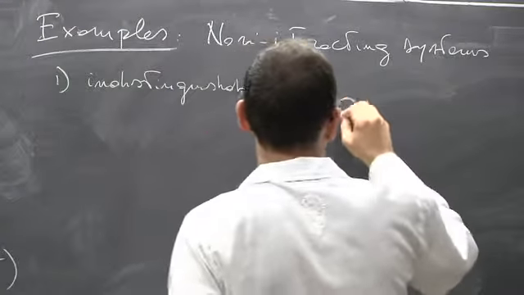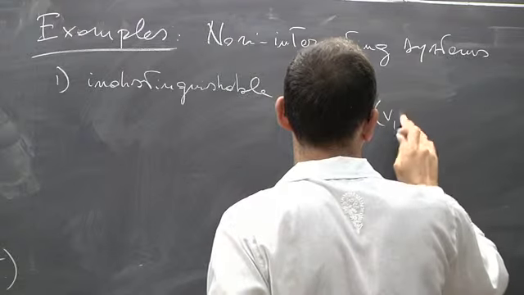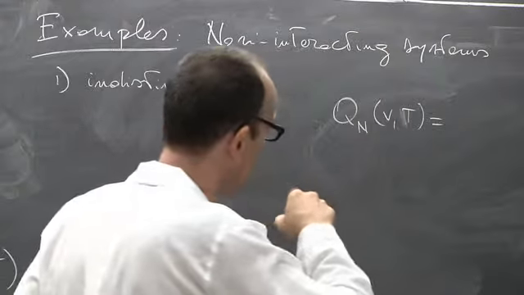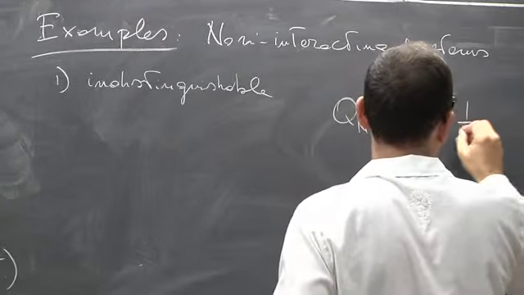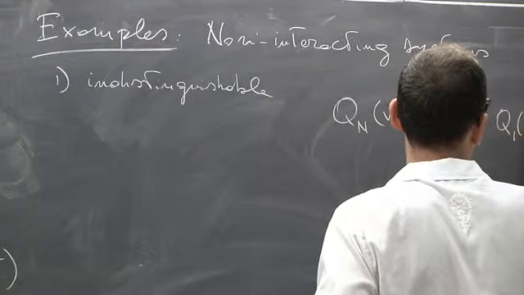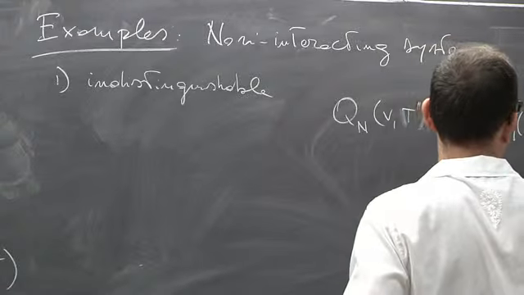In the case where particles are indistinguishable, then this partition function is 1 over n factorial times the partition function of one particle only to the power n.